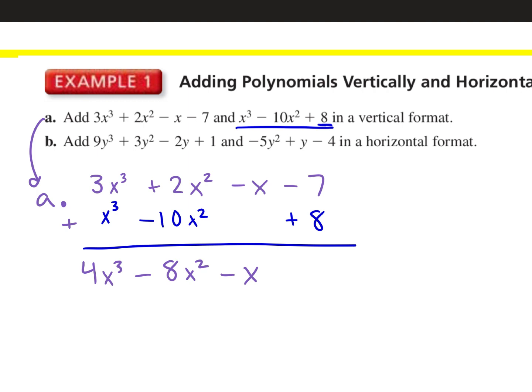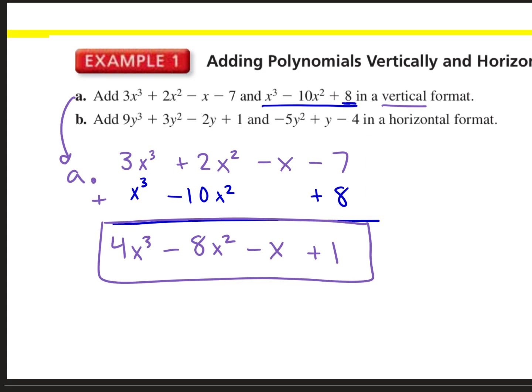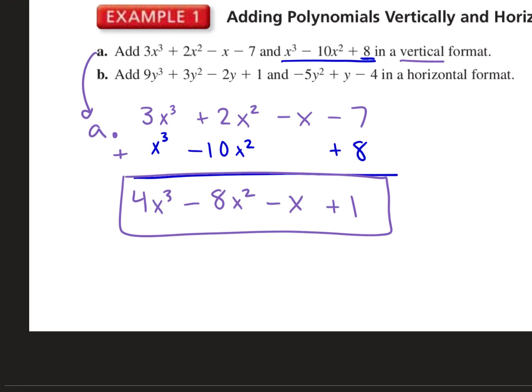And then negative 7 plus 8 would be plus 1. So this would be my answer. So vertically, we just stack the like terms on top of each other and add. Horizontal is pretty much what we've been doing, where we just find our like terms and add them together.